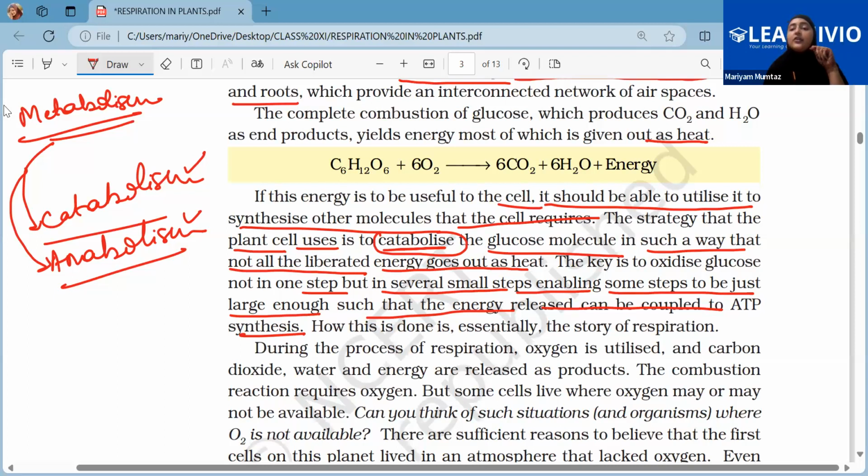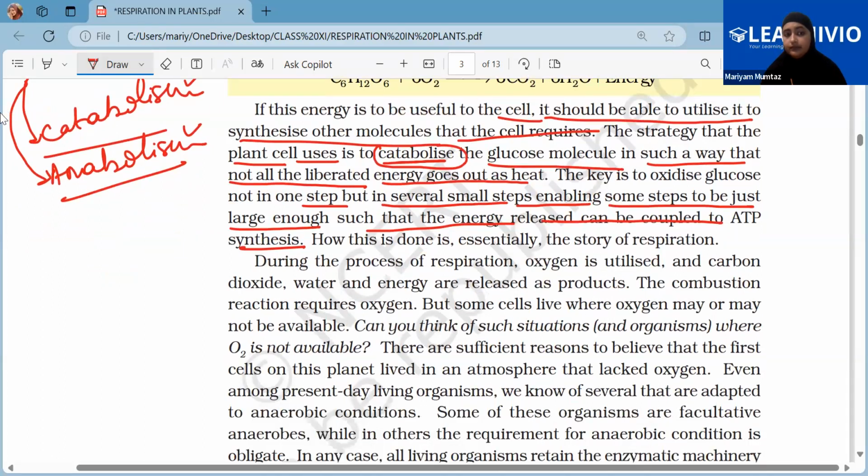But if any molecule is synthesized, for example, synthesis of ATP, then during the synthesis of any molecule, energy is not released. Energy is absorbed. So anabolism is when the molecules are synthesized and the energy is absorbed. Catabolism is when the molecules are broken down and the energy is released. Clear? Yes.